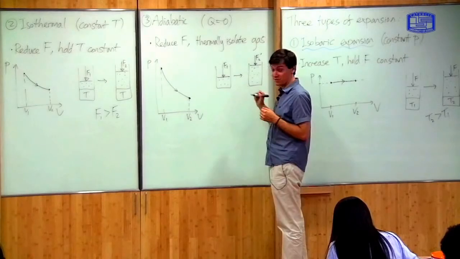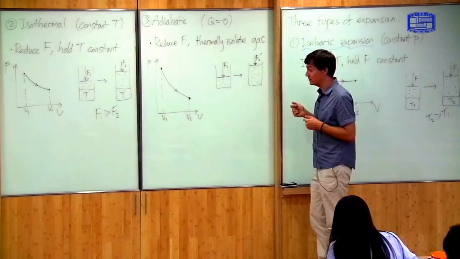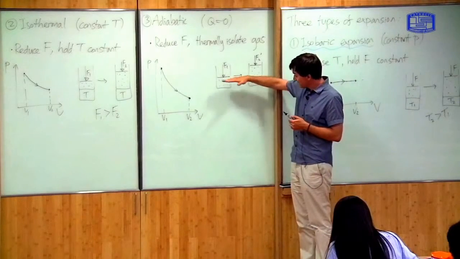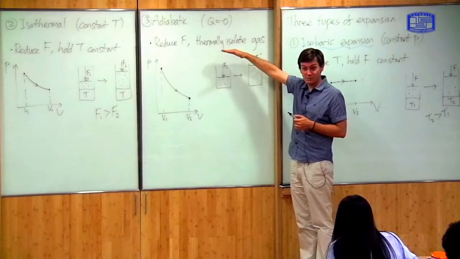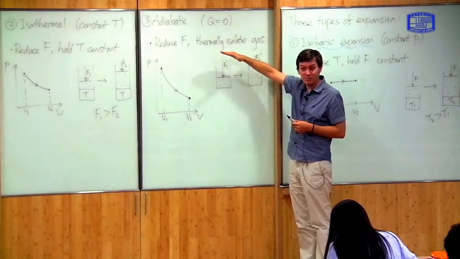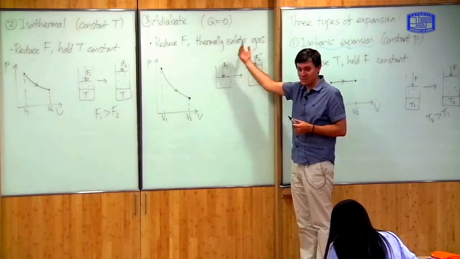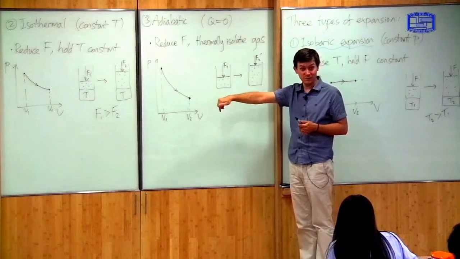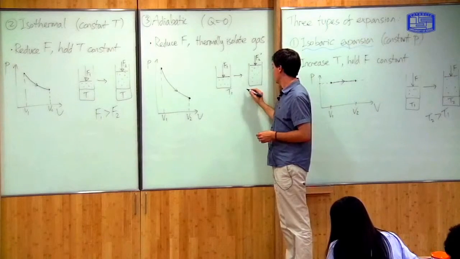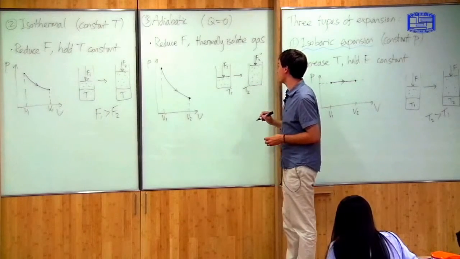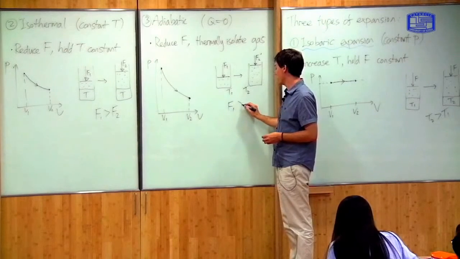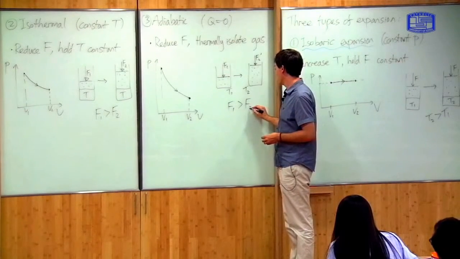Now, in this case, the temperature of the gas does change. The temperature of the gas changes because as it expands, it's doing work. So it's using energy to push the piston up. And as it uses that energy, the temperature of the gas goes down. So if we say again temperatures T1 and T2, then the force is reduced, so F1 is greater than F2 prime.